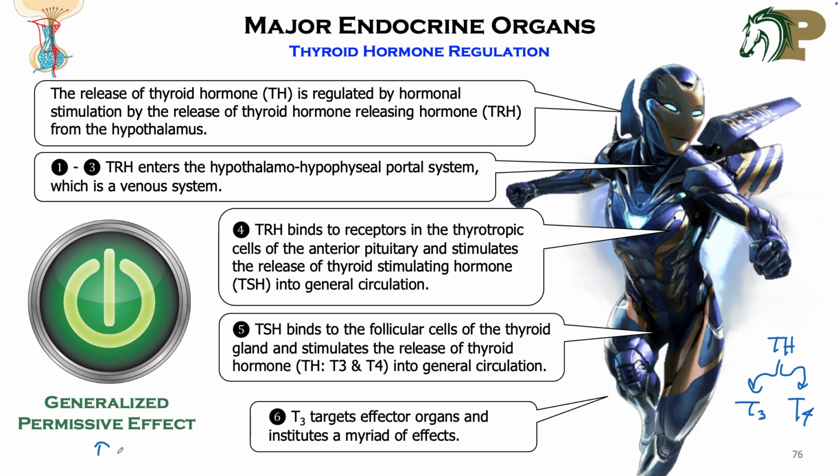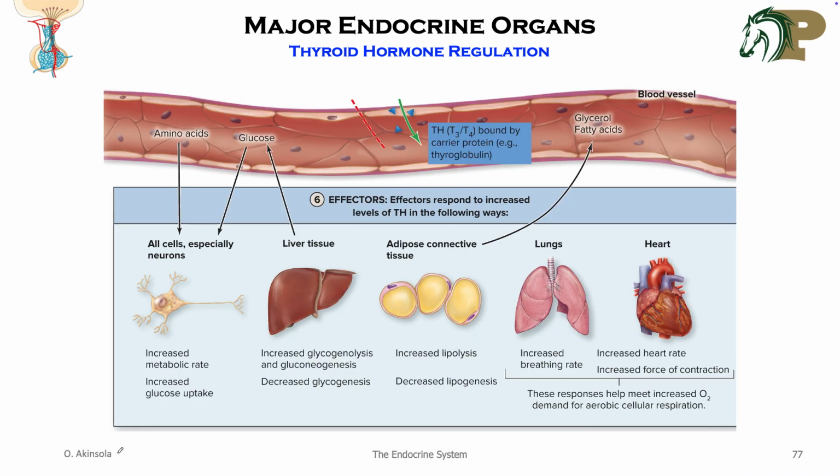We'll get to another hormone later, cortisol, which is going to be what we call permissive under stress. But I just wanted to introduce that concept now. Okay, so we have T3 and T4 in circulation. They will have a host of different effects on all different types of tissues.